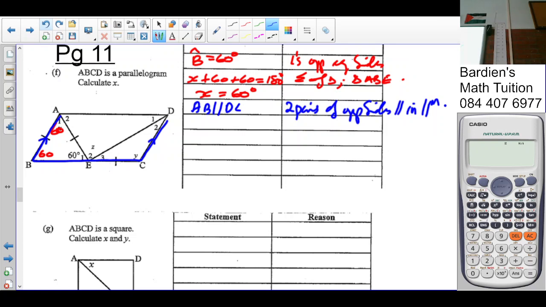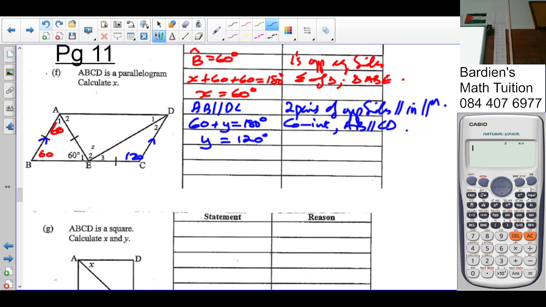I'm going to say 60 plus y equals 180, co-interior angles with AB being parallel to CD. So y is 120. Okay, relax your bones.